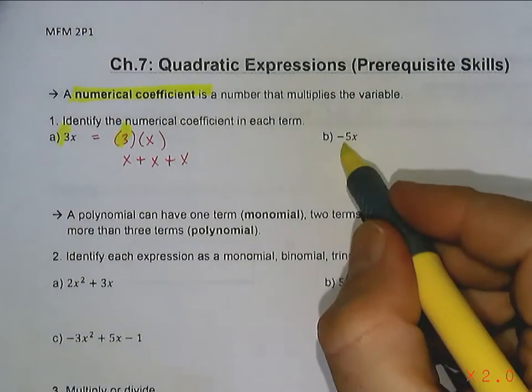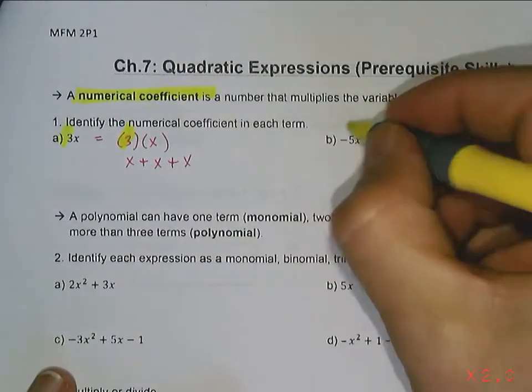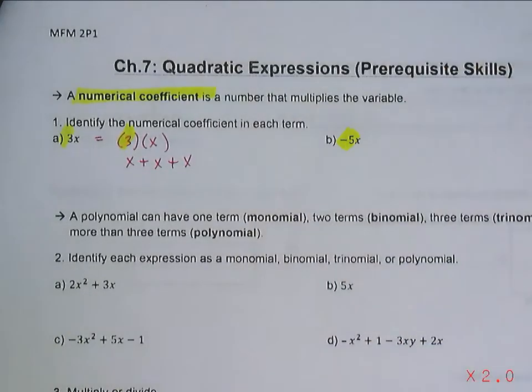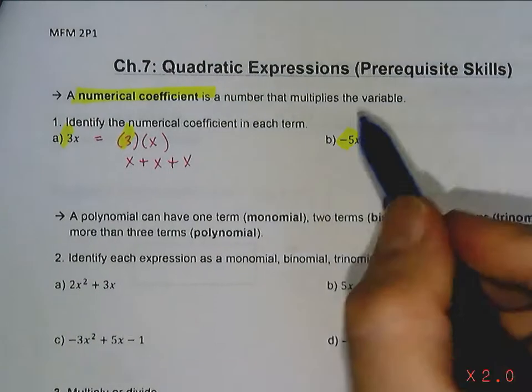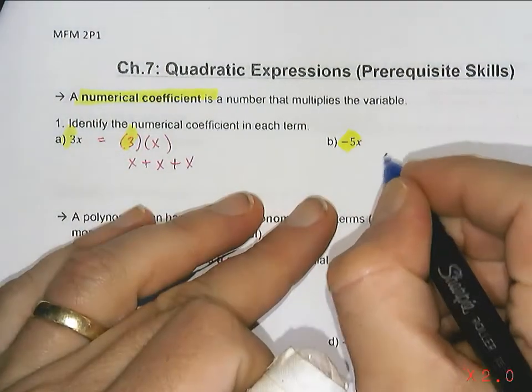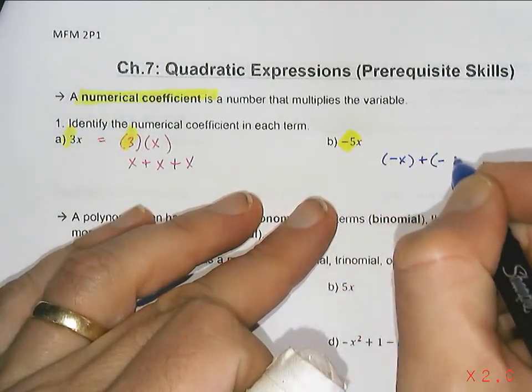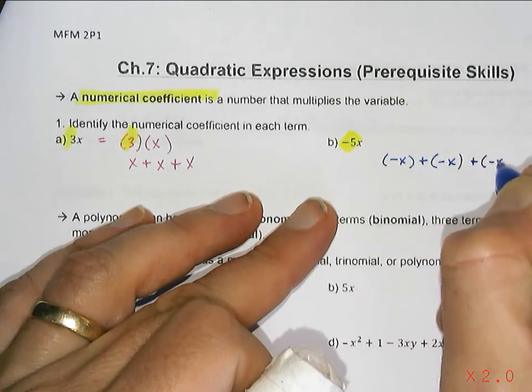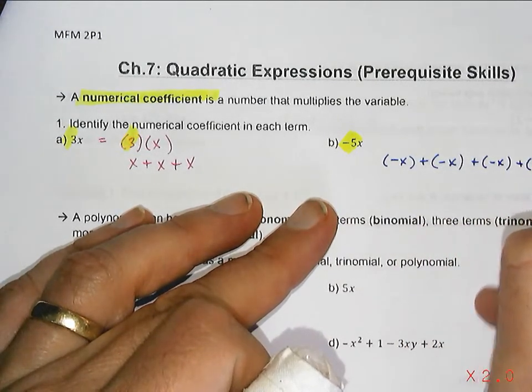The numerical coefficient of negative 5x is negative 5. And this is very much the same as saying that I have 5 negative x's. So if blue is a negative, I've got a negative x, and a negative x, and a negative x, and a negative x. Do I have enough? 1, 2, 3, 4.